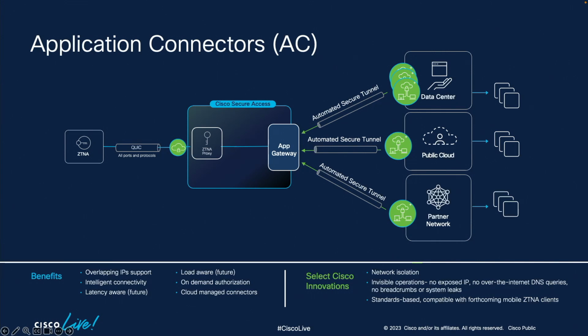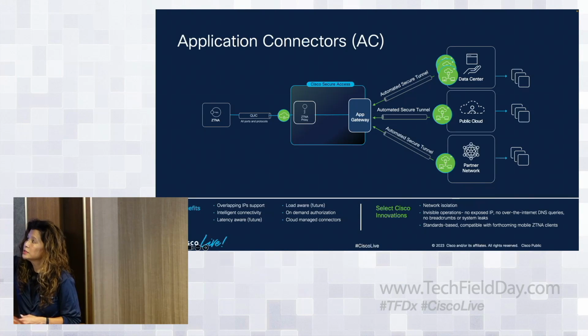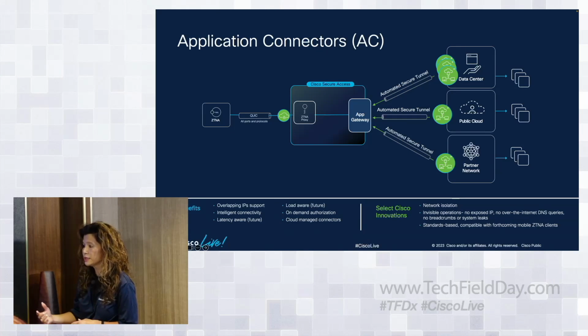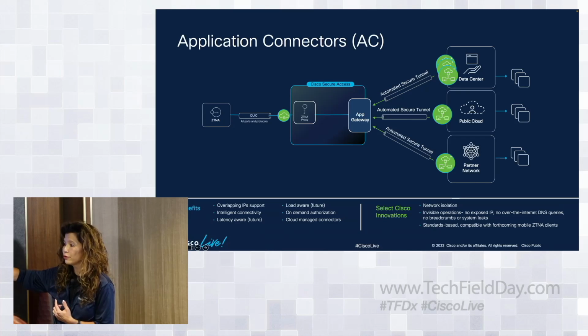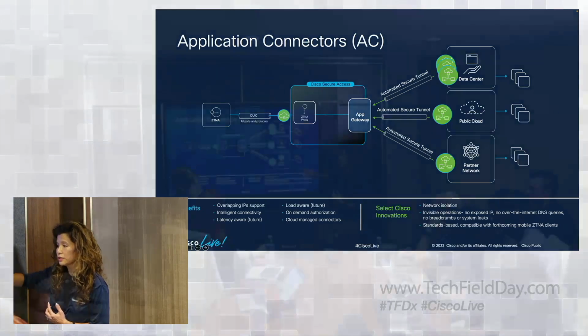We deploy the app connectors in groups, and basically we tell the service, I'm the application gateway to these particular apps. So these three application connectors, this app group, will be responsible for proxying connections to these apps, this one for these, and this one for these. Since these are just proxied connections, we can support overlapping IPs. We could have the same IP address space in each one of these locations.